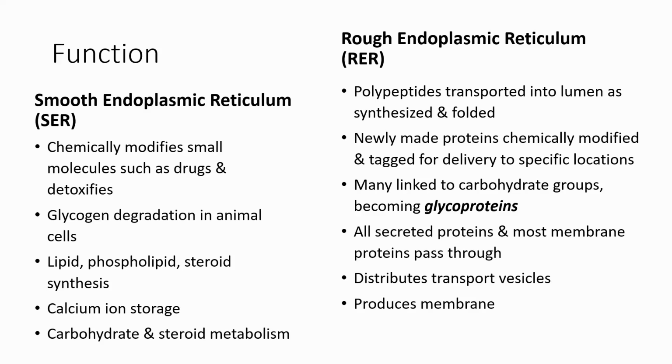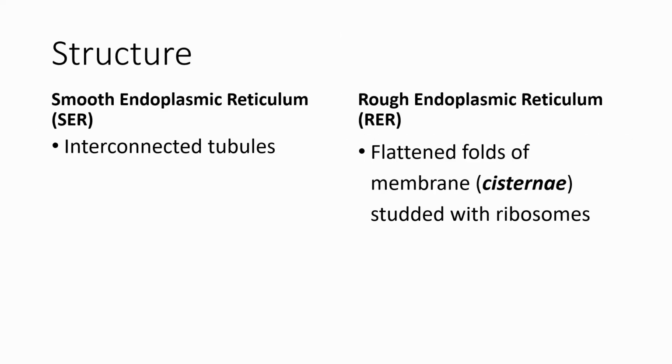It's involved in breaking down glycogen, which is the main storage starch in animals, and it's involved in metabolism of lipids, making lipids, modifying lipids, etc. It can also be used to store calcium, and also for the metabolism of both carbohydrates and steroids. Steroids are a type of lipid, which we'll talk about more when we do biochemistry later.